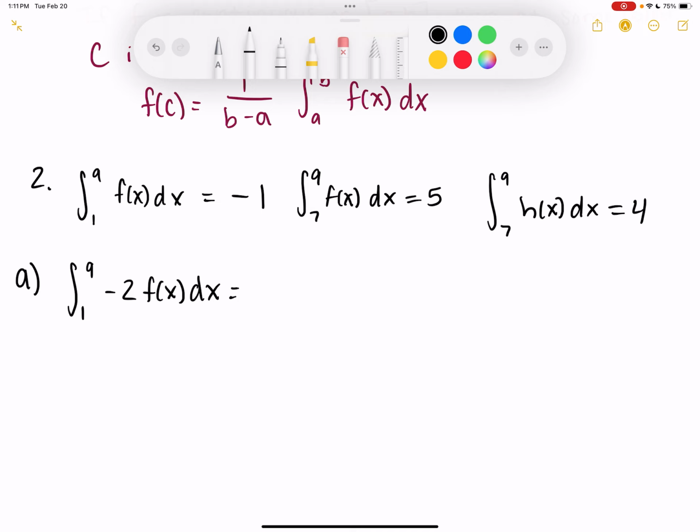But I have a -2 here, and according to the property, I can take that out and get -2 times the integral from 1 to 9 of f of x dx. Now I can use this. They told me that is equal to -1, to get -2 times -1, which is +2, and that would be my answer.